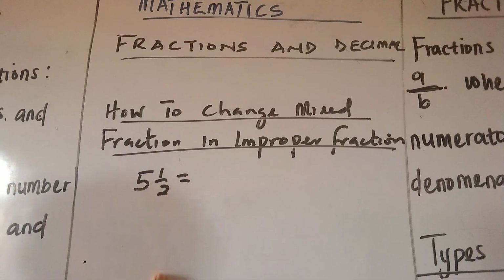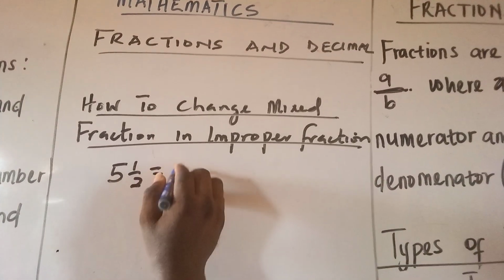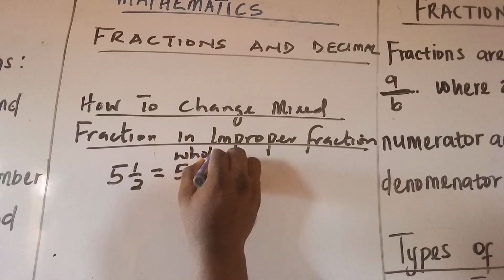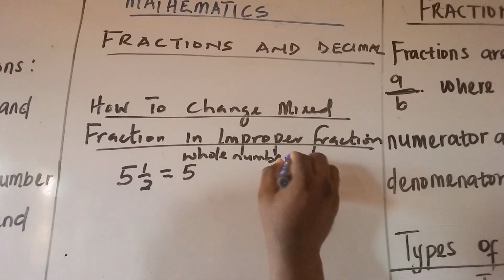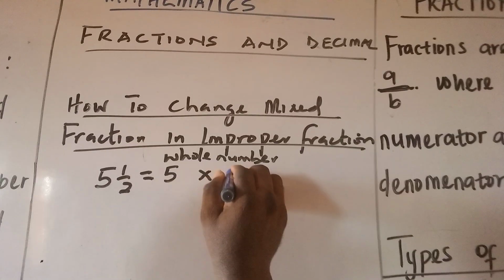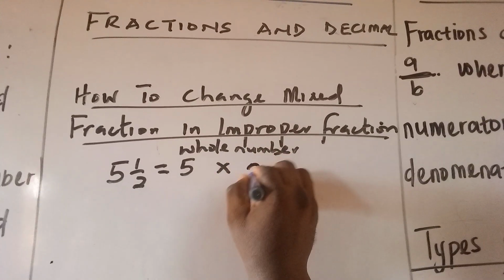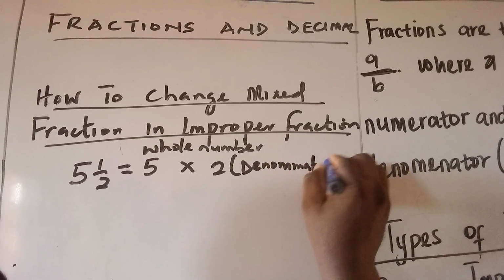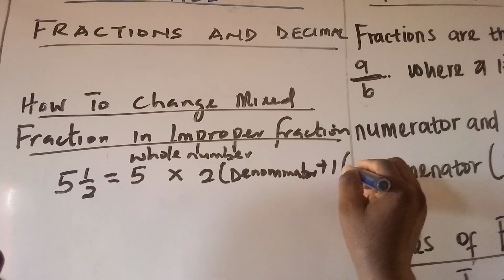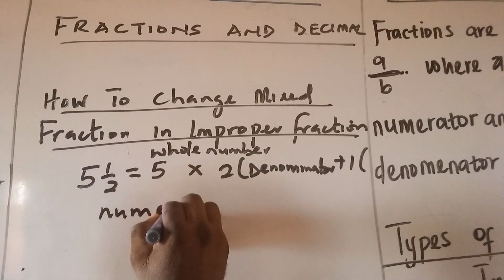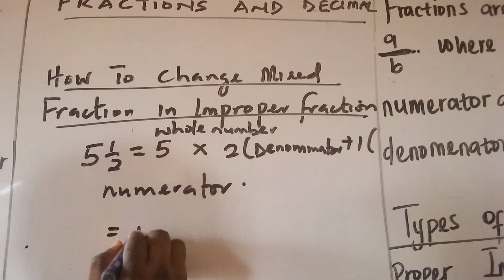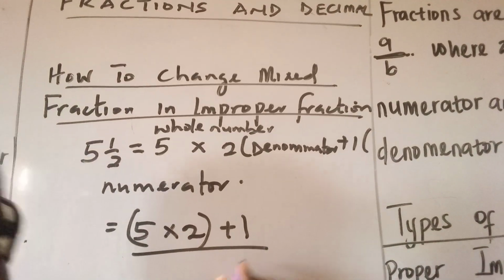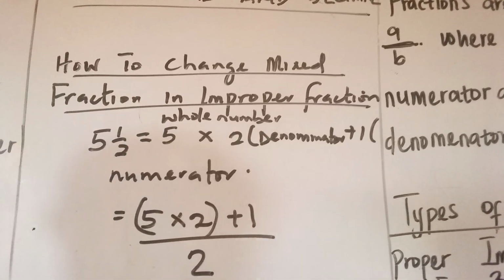I will take the whole number 5 times the denominator 2, plus 1, which is the numerator, divided by the denominator.